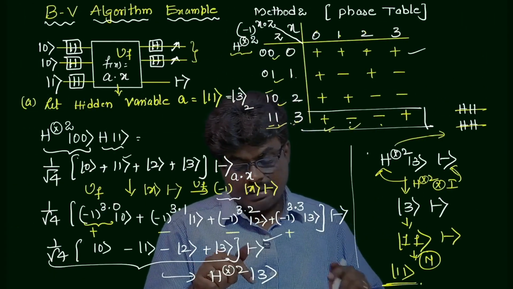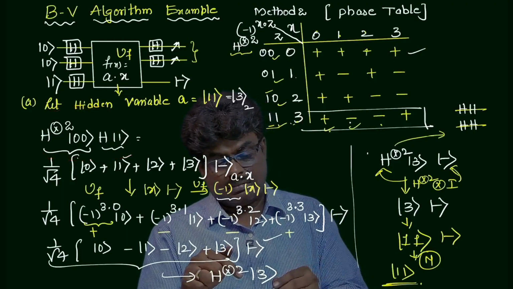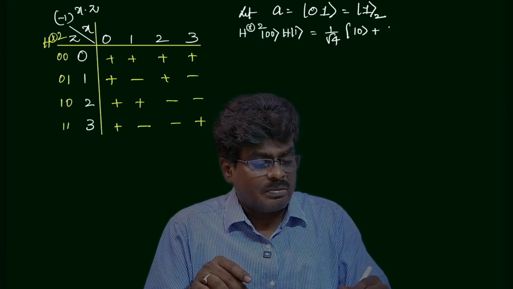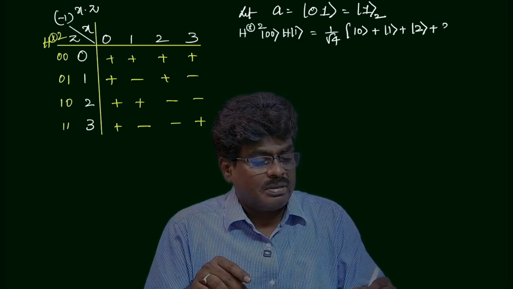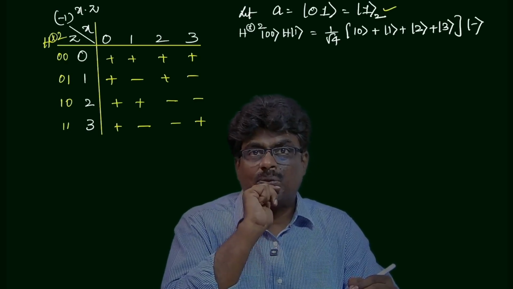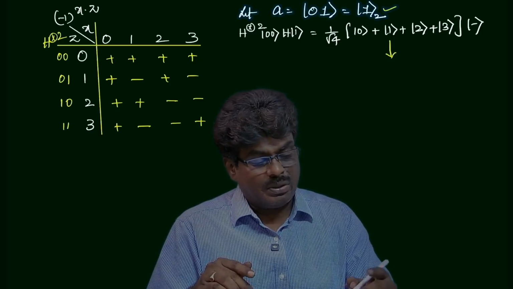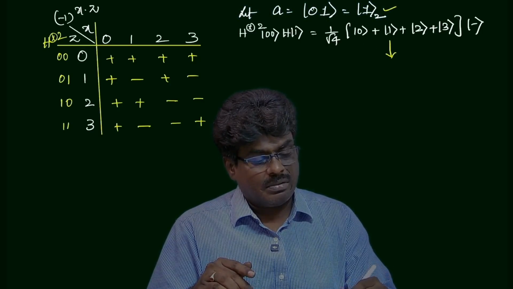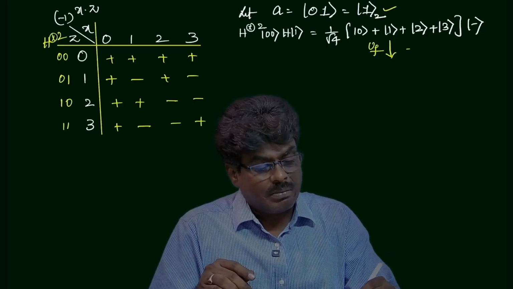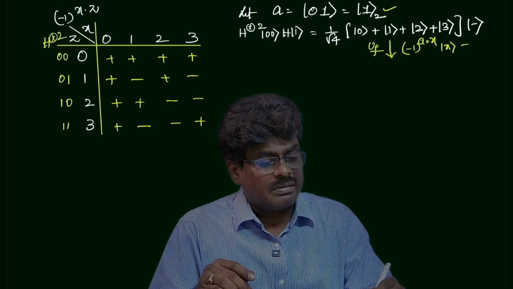So let us take one more example of how this table is useful. Here again I'm taking this input. Here it is 1 over root 4, 0 plus 1 plus 2 plus 3, and here minus. Now here we are assuming that the hidden variable a equal to 1, that is 0 1 in binary. So here I'm going to operate this U_f. That will give you minus 1 whole power a dot x, minus.